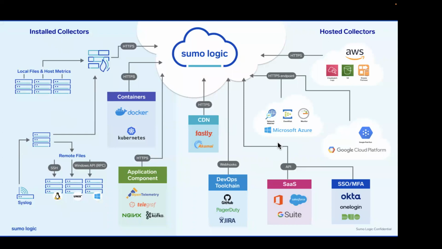There's no installation. It's essentially identifying where the logs and metrics are and ensuring that Sumo Logic has the actual permissions to get to those, the credentials. So again, no installing, versus installed, depending on where your logs or metrics are coming from. If it's cloud-based, you know it's going to be hosted. If it's on-prem, you know it's going to be installed.